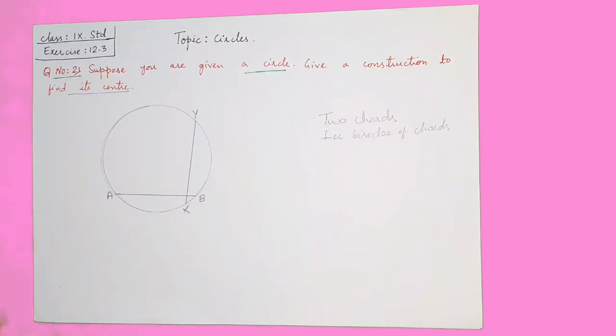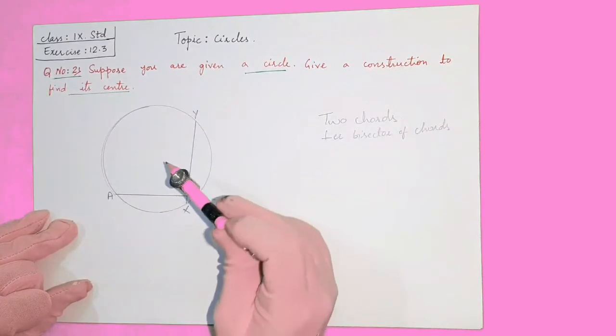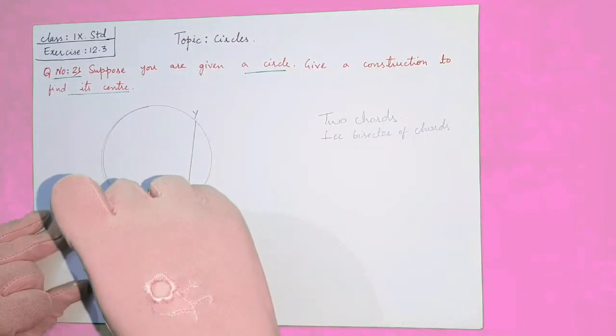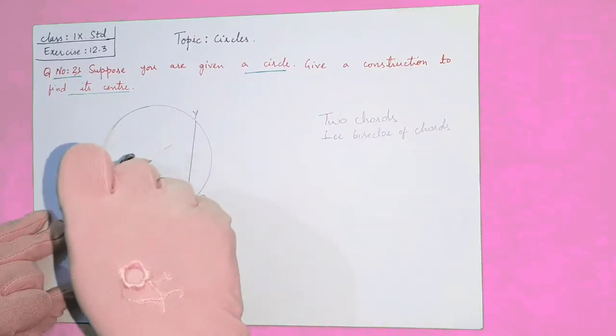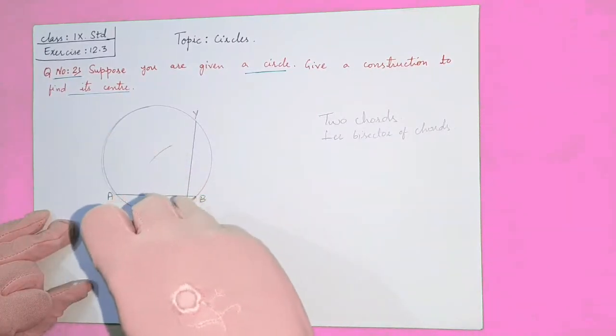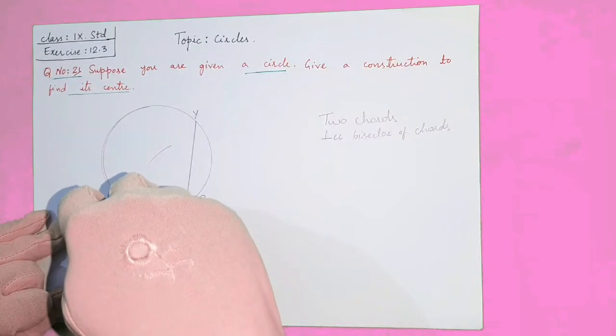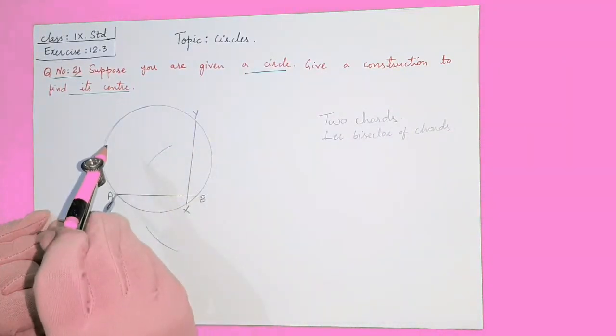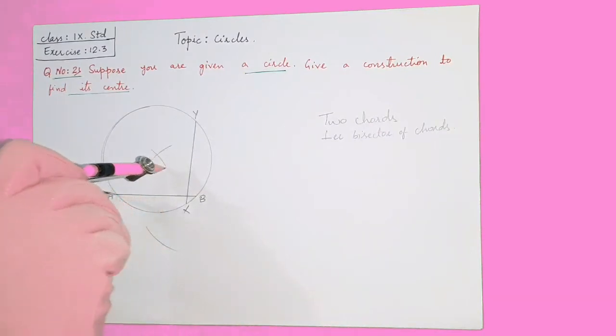So how will you draw? अगर आपको AB का perpendicular bisector draw करना है तो A और B का more than half distance आपको लेना है, and you have to cut the arcs on both sides, upside and the downside from B. Then from A, without changing the distance, we have to draw from A also.